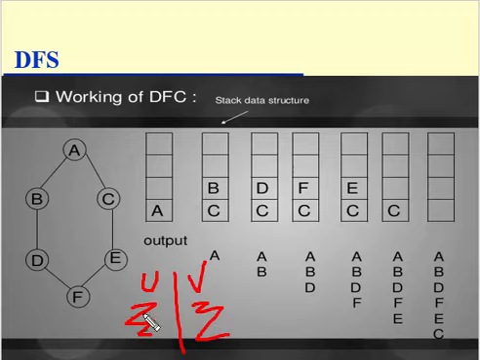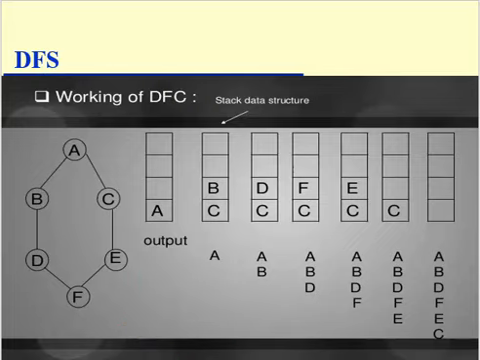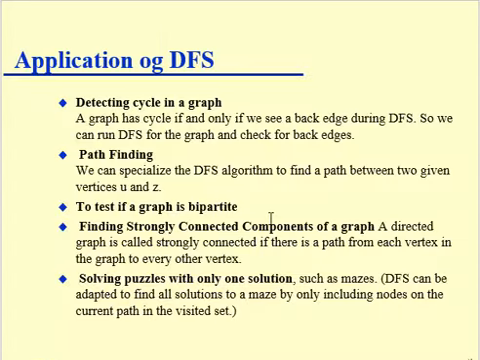That means these two sets are disjoint sets. So that graph in which you can divide your nodes into two parts in such a way that they are making disjoint sets, those are your bipartite graphs. So DFS can be used for that.